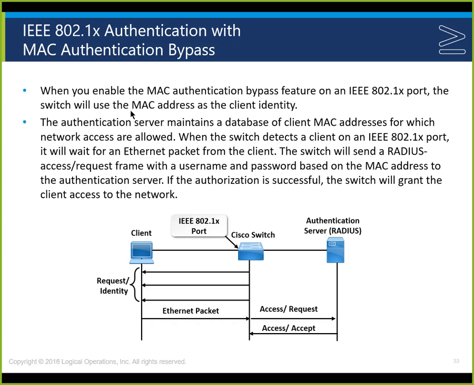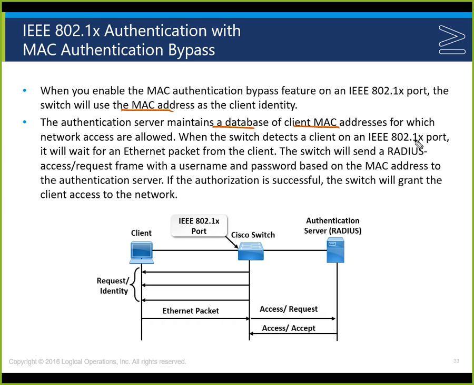MAC authentication bypass, and I think we have maybe addressed that at least a little bit sideways. 802.1x, which will use the MAC address for the client identity. The authentication server maintains a database with the client MAC addresses for these things.